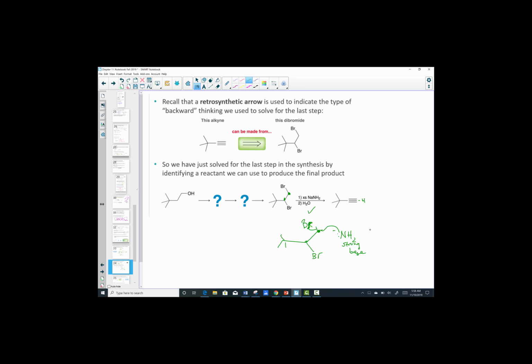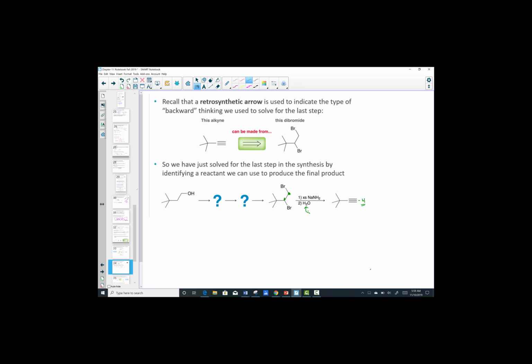And you can go through and decide, oh, we've made a negative ion, and then we take off an HBr each time, and that will go on and on until we add the water in the last step. And just remember, the water's purpose was to add on a proton, to get rid of the negative ion. And go back and review your chapter 9 if that mechanism isn't familiar to you.